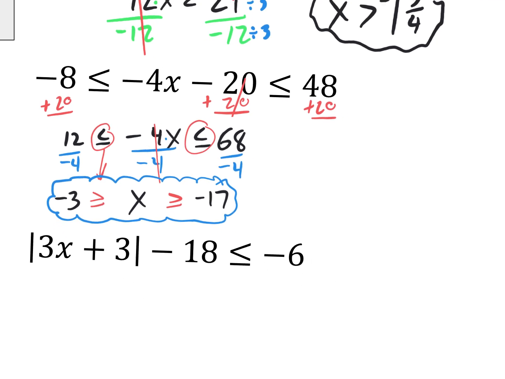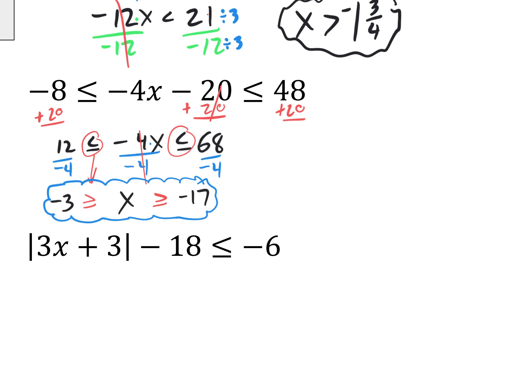So what we should do right here is put the smaller number, negative 17, on the left side, the bigger number, negative 3, on the right side, x in the middle, and since you put the smaller number on the left, the bigger number on the right, it has to open up to the right always. In other words, it's like taking this whole thing and flipping the whole thing. So since you move this to the front and you move this to the back, then these guys have to flip as well. You see, this is a correct answer.